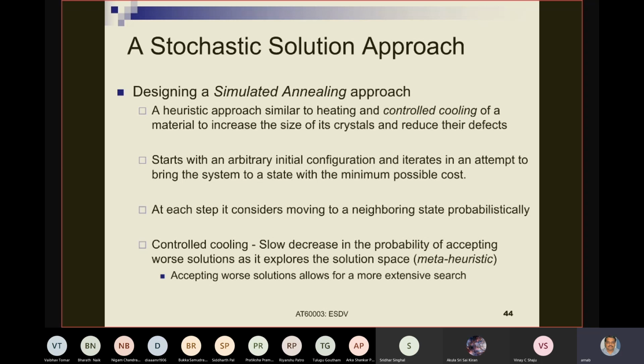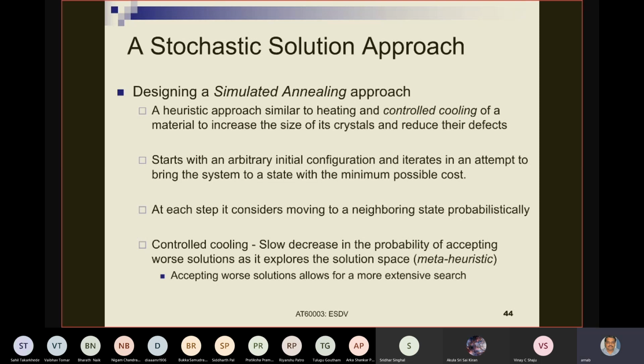Therefore, I am trying to make you understand these techniques in a generic manner, so that next I will give you the problems, and you should be able to appreciate how those problems can also be solved with the solution strategies that we just studied.